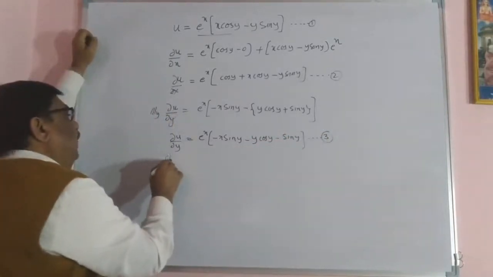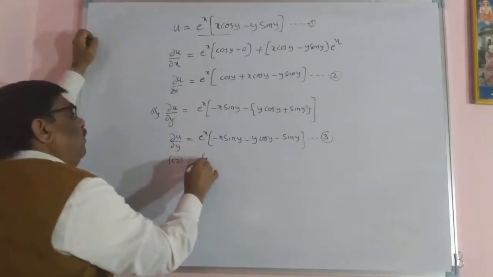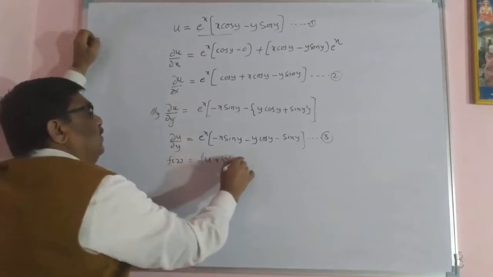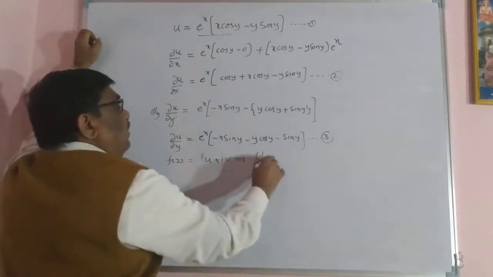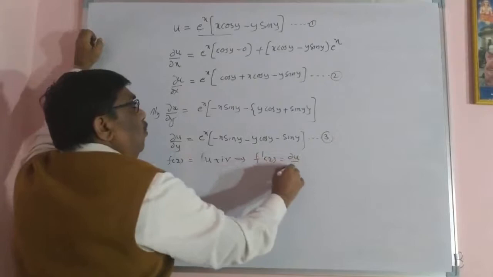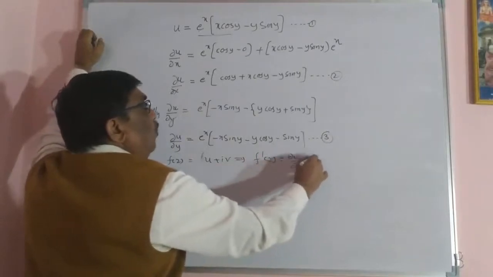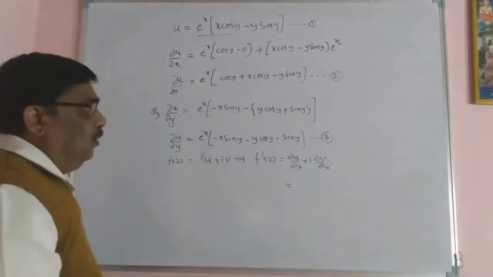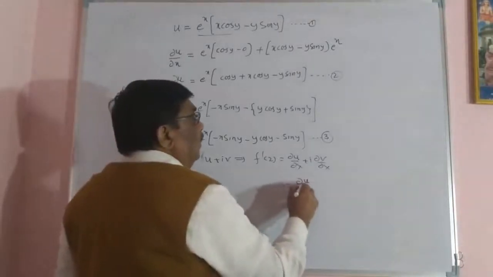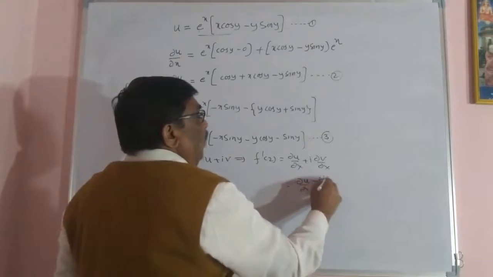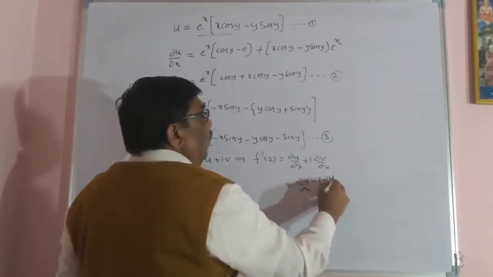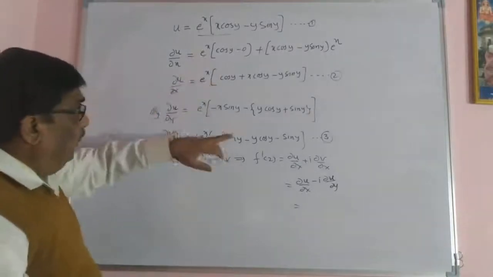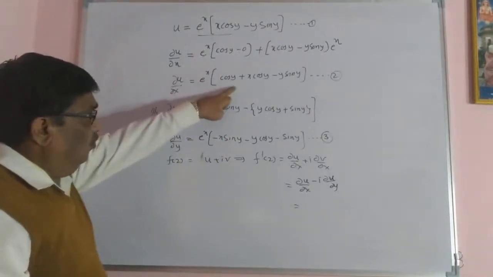Now f of z equal to u plus iv. This implies f dash of z equal to dou u by dou x plus i dou v by dou x. If I replace that, dou u by dou x minus i dou u by dou y, and by using 2 and 3, put x equal to z and y equal to 0.